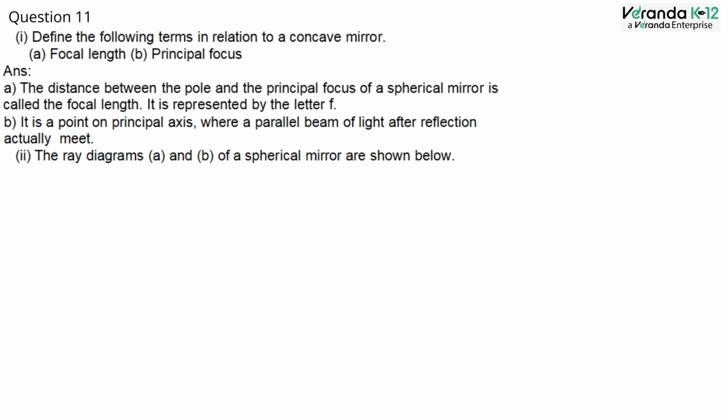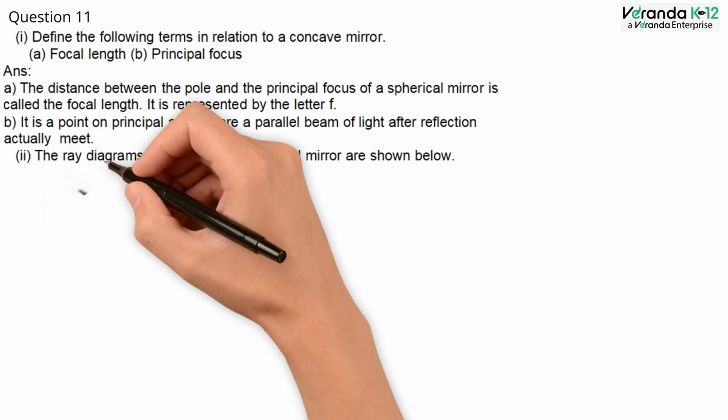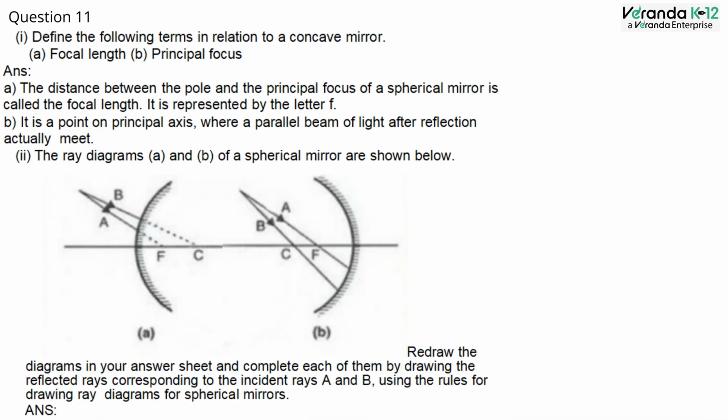Question A, the distance between the pole and the principal focus of a spherical mirror is called the focal length. It is represented by the letter small f. Question B. It is a point on the principal axis where a parallel beam of light after reflection actually meets.